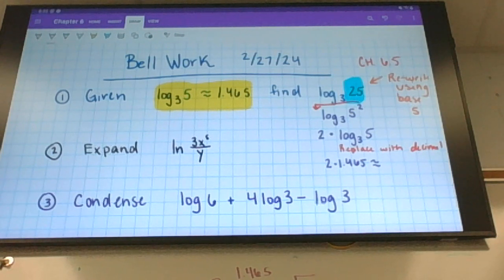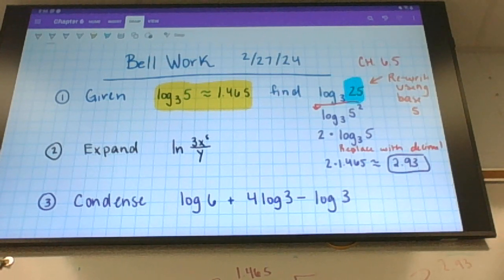Yeah, 2.93. All right, do I buy into this? You should ask yourself, do you believe in the answer? So this is 3 to 2.93 is approximately 25.